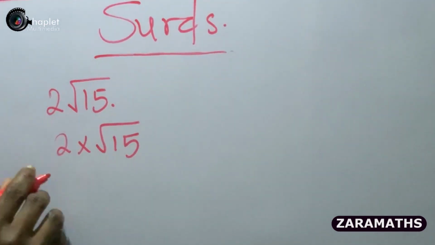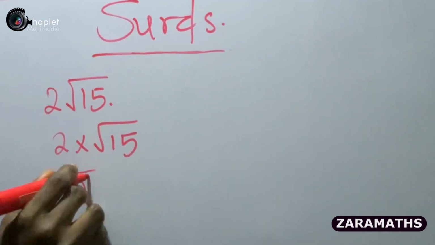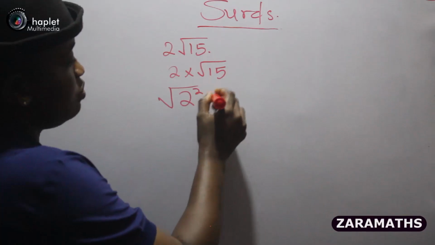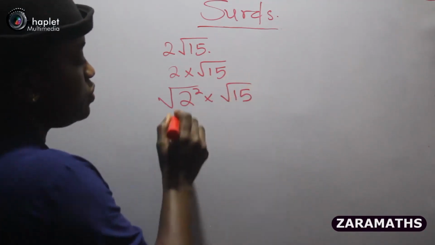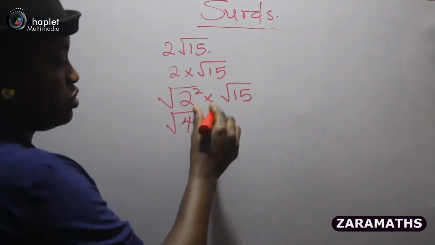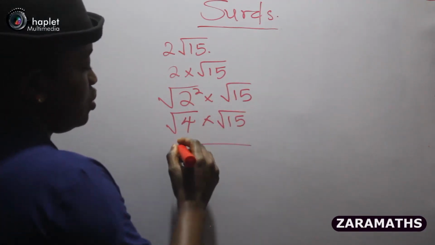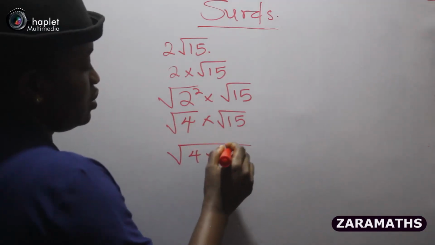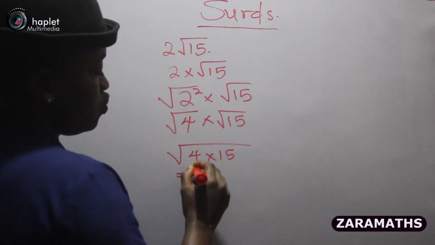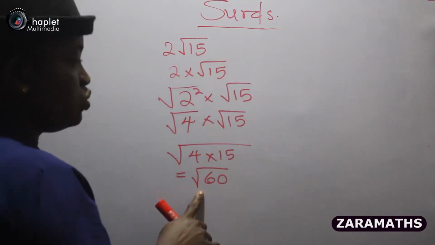So now this becomes root 2 squared times root 15 to give us what? 4 in the square root times 15, which is 4 times 15 to give us square root of 60. A simplified surd back to a single surd.